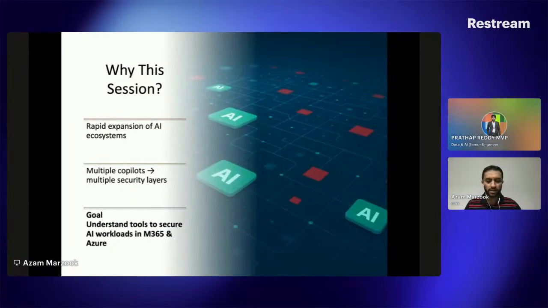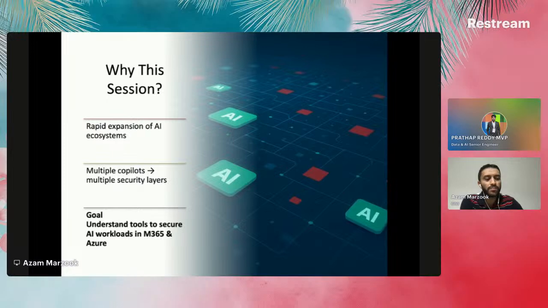This is basically confined to M365 and Azure. Understanding the capabilities and security features built into these Copilot environments and AI workload environments is key, so that they can be implemented effectively to secure your whole organizational data environment.